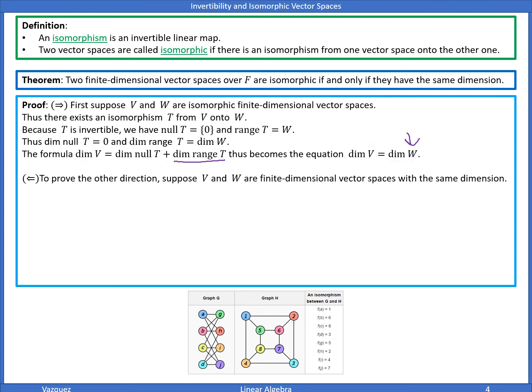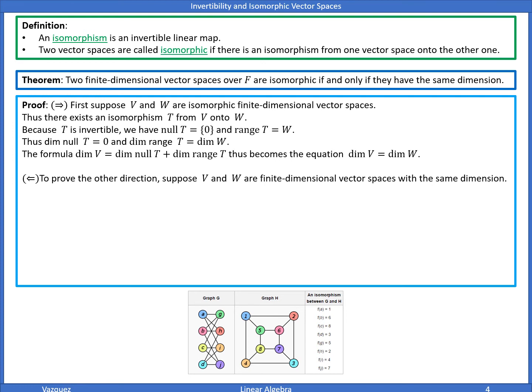Now to prove the other direction, showing that if two vector spaces have the same dimension, then they have an invertible linear map, or in other words, are isomorphic, we need to follow the following steps.